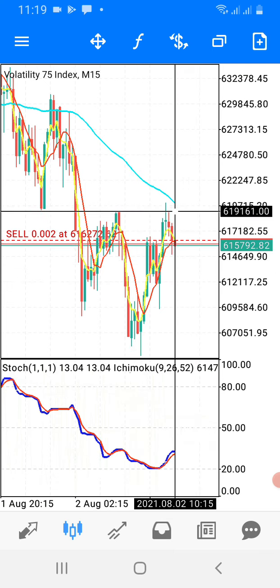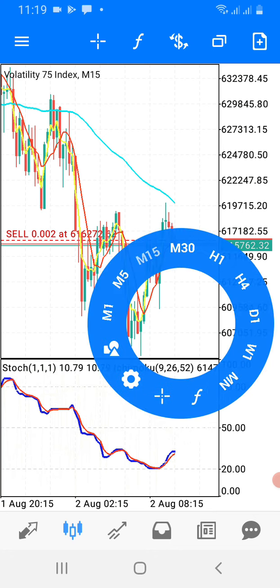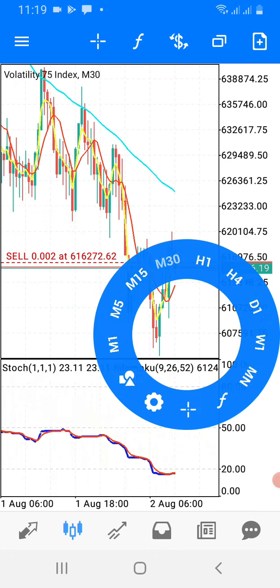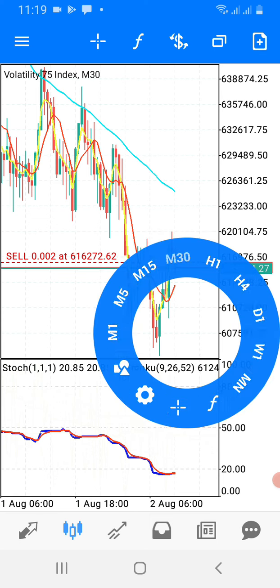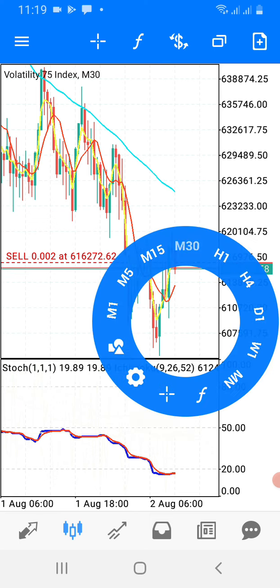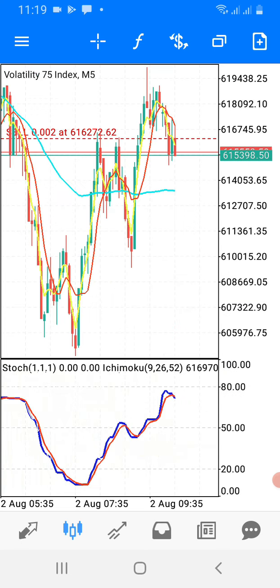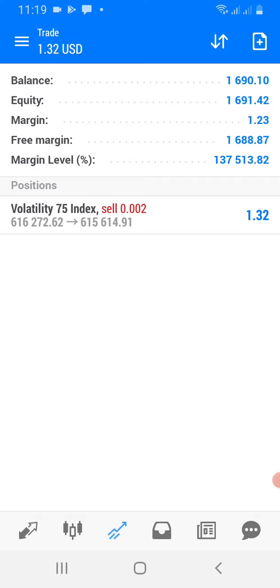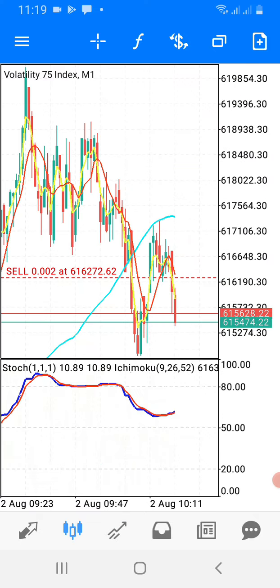It's making a pullback. Understanding price action and adding it to your strategy, guys, you'll be successful. Look, 30 minutes. 1 hour. So guys, you see, we already got $1.32 profit with just a small lot size.